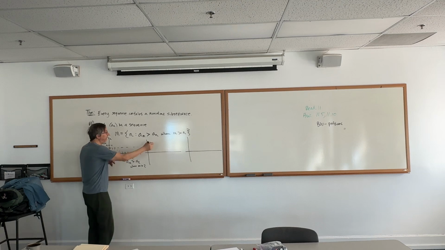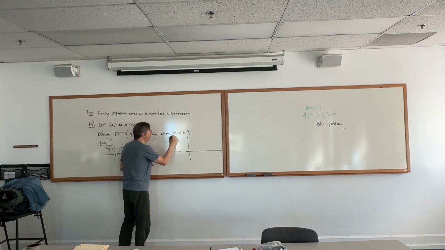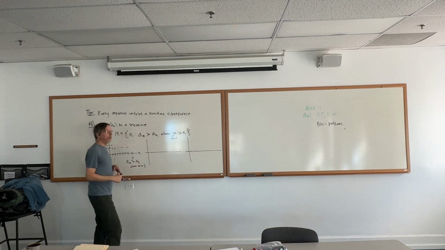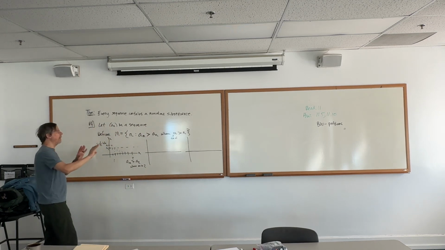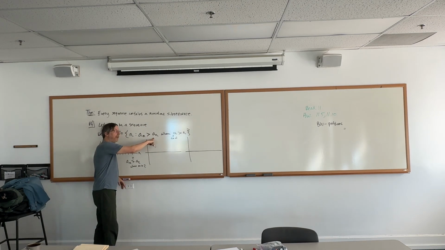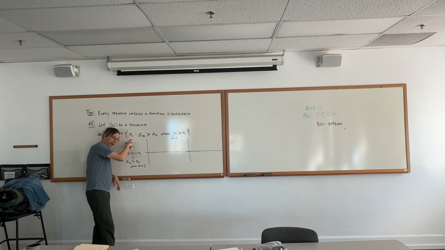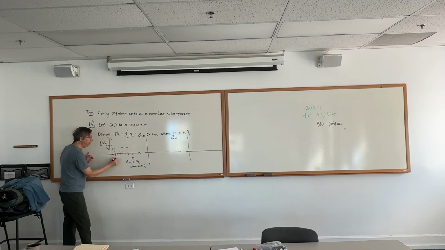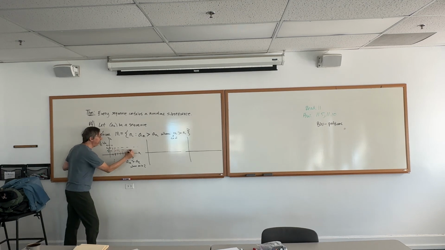Notice that it is written for all to the right. So for everything to the right, it has to be bigger than this guy for that index to be in there. Same thing with A3. If I move to the right of 3, everything's less than it.